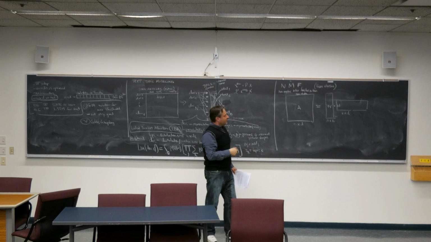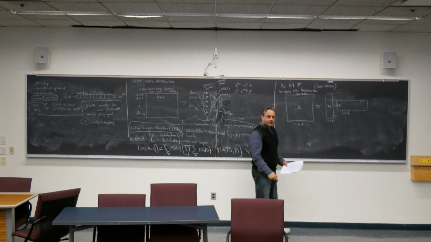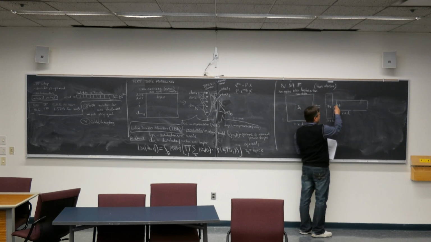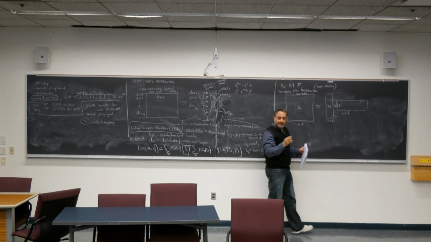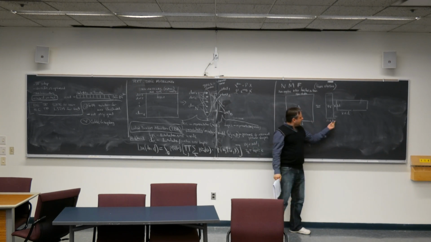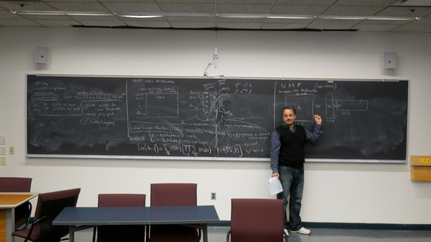And for people who remember linear algebra from high school, this exact multiplication, theoretically, if you want it to work exactly, which never happens in practice, of course, what's the smallest k that I can use for the product to work mathematically exact? There is a theorem that says k has to be at least the rank of the matrix.